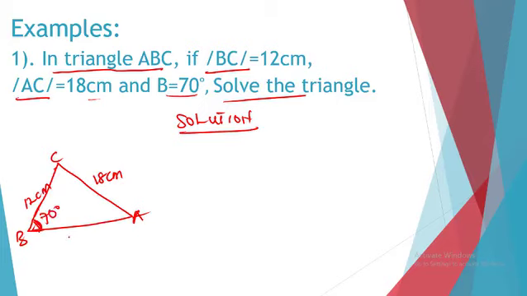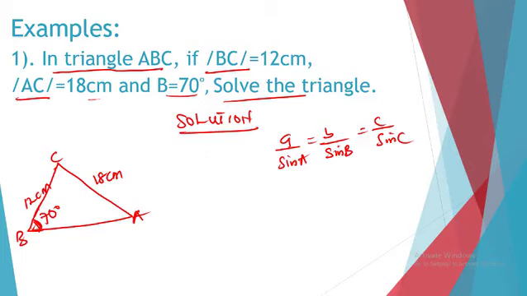Line BA is not given, angle at C is not given, and angle at A is not given. So the question is, which of these do we use? We have a over sine A equal to b over sine B equal to c over sine C. You don't use the three together, you use two and leave one. So how do you determine the ones to use?